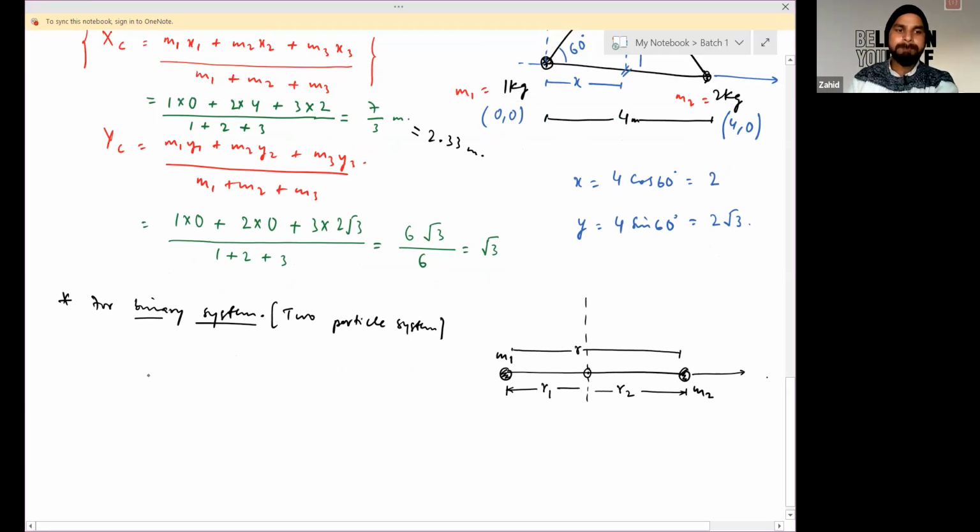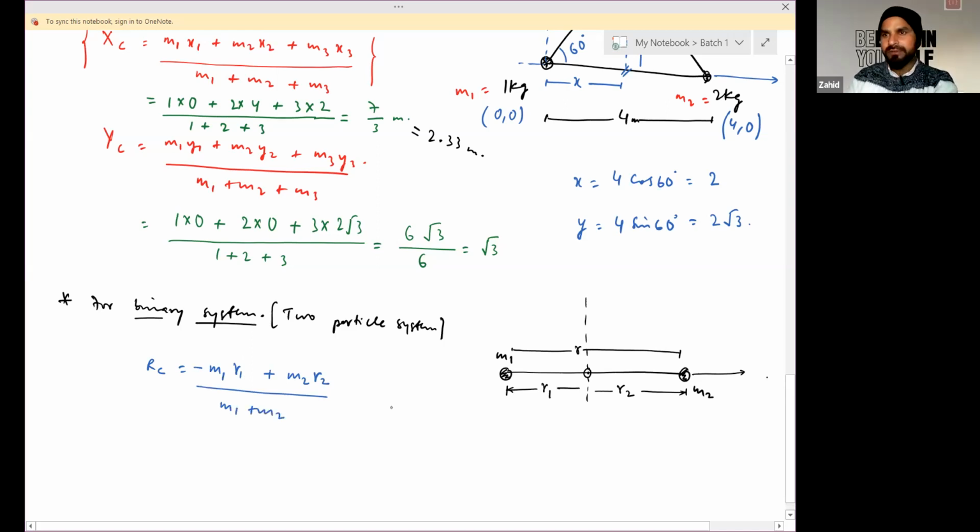So you'll say R center of mass equals M1 R1. R1 is along the negative side, so minus of R1, plus M2 R2. R2 is along the positive side, so plus of R2, divided by M1 plus M2.